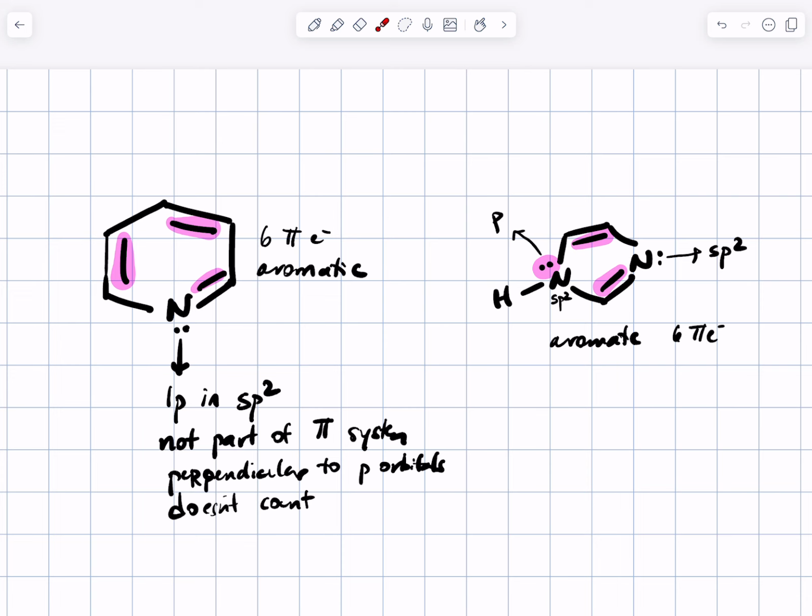This nitrogen is already participating in a double bond, which means the lone pairs on that nitrogen can't be in a p orbital. They have to be in an sp2 orbital. sp2 orbitals are orthogonal or perpendicular to p orbitals. That is, they're not participating in the pi system. They don't count as part of the pi system, and so only those highlighted in pink count, and this is aromatic.